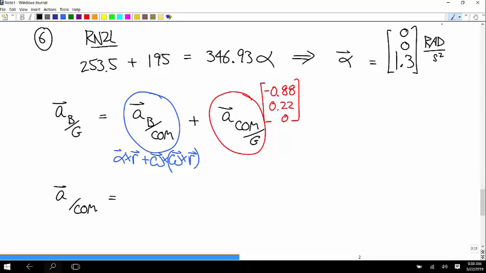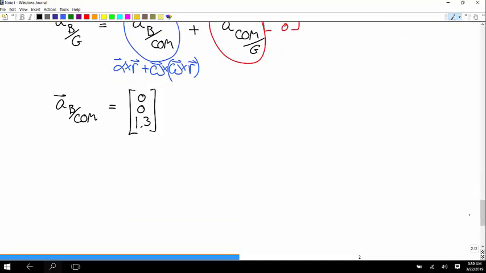So that means we need to come up with a new r vector. Okay, so this is 0, 0, 1.3. The r vector is, let's do the rotation matrix thing again.